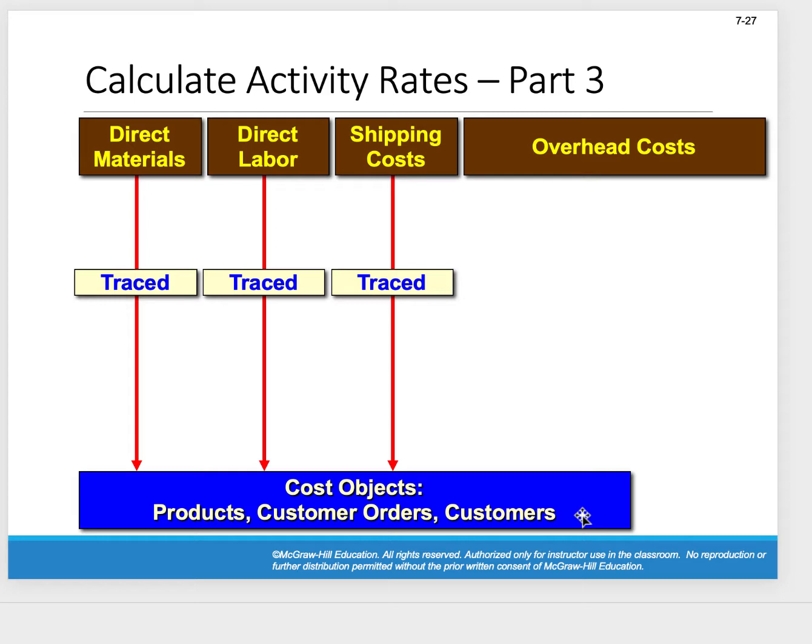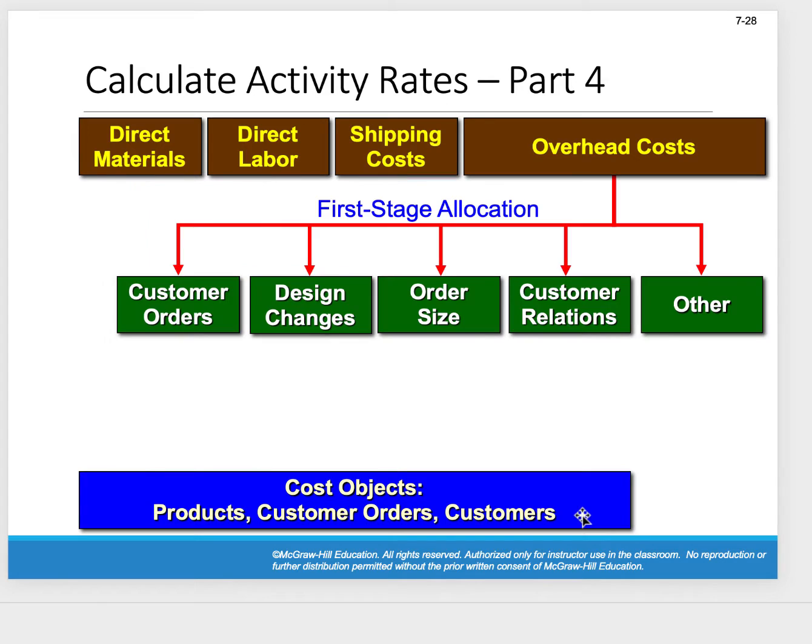So remember, we said that direct materials, direct labor, and incidentally shipping costs are easily and conveniently traced to those cost objects, so they're not going to end up in our overhead or our activity-based costing system. So now we can do our second stage allocation. We already have the total overhead costs, meaning we did our first stage allocation.